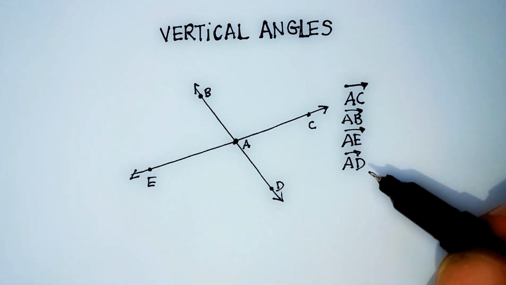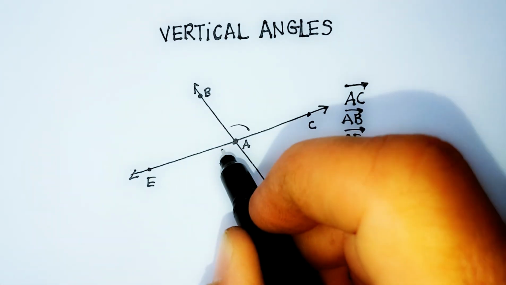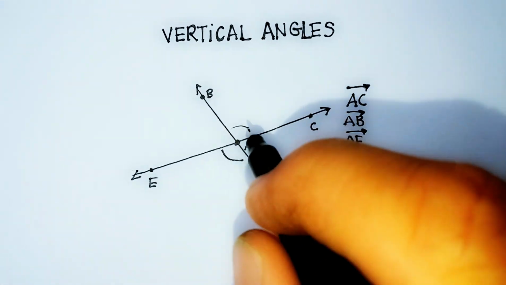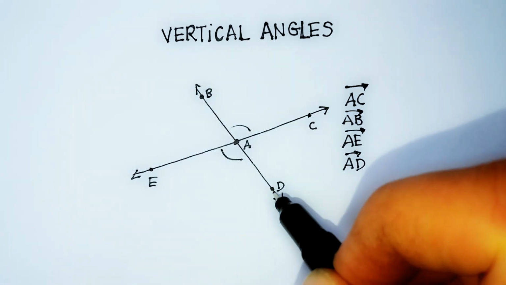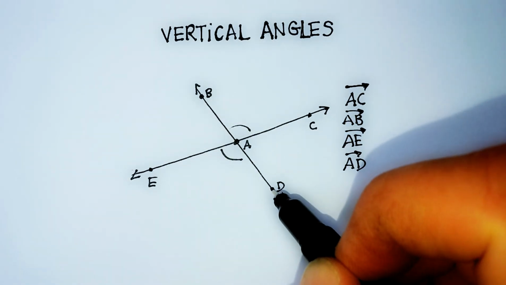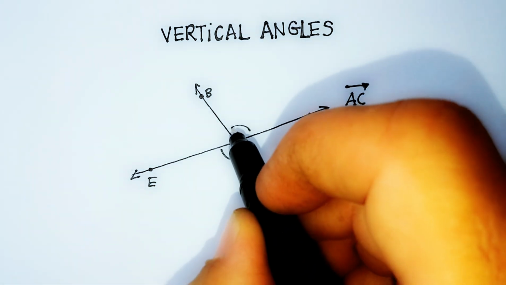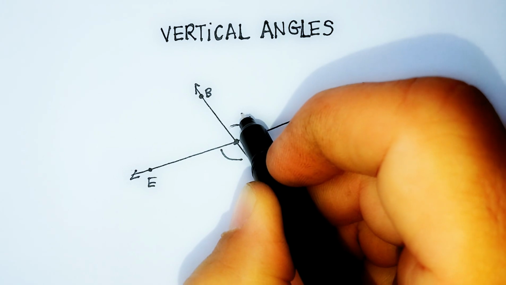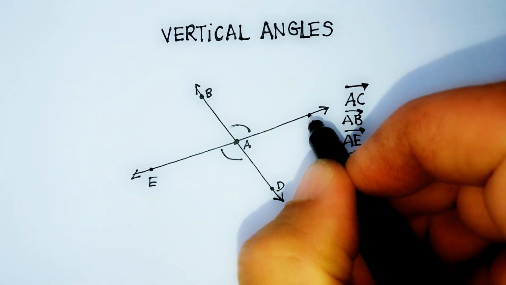You can describe vertical angles as angles where their sides are opposite rays of the other angle. Okay, so for example, this particular angle here, let's call it angle BAC, right?